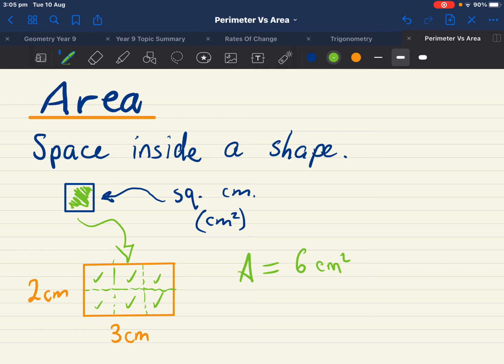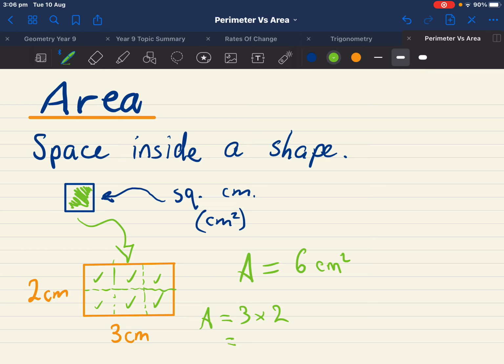Now, chances are you've probably learnt a shortcut for finding the area of shapes like rectangles and squares, where you don't break it up into its individual square centimeters. You just take the length, which is 3, and times it by the width, which is 2.